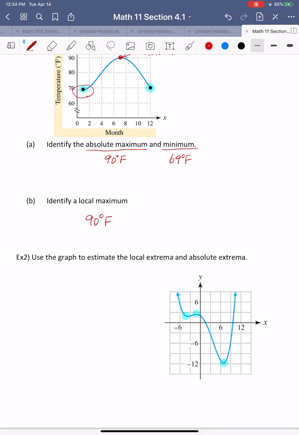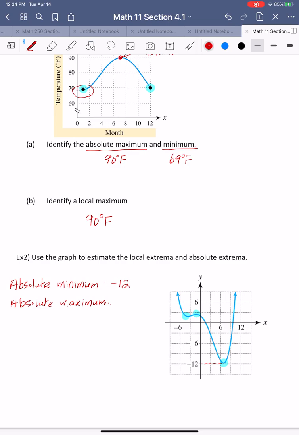So I want to say there is the absolute minimum, which is the lowest place. The minimum and maximum are all about the y value, so negative 12. And there's the absolute maximum.